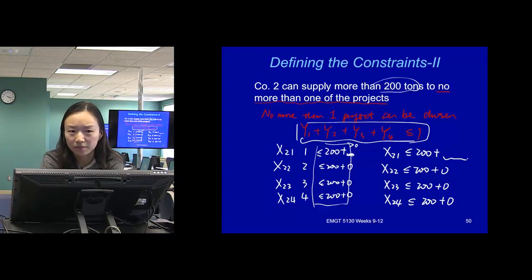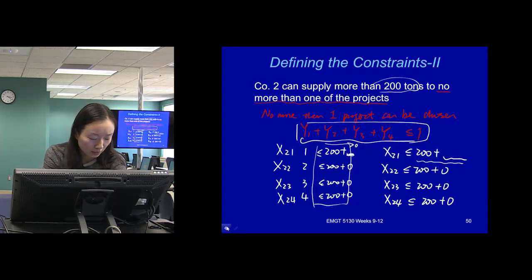And what's that value? Think about it. What should that value be? Maximum capacity subtract 200, right? Yeah. Okay, because what are these? These are the right-hand side. So what we are trying to write is the maximum value that x21 can be.